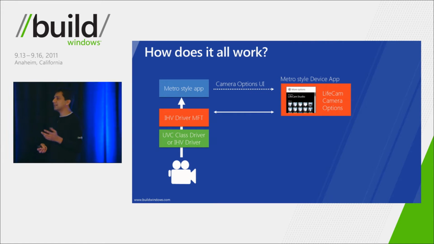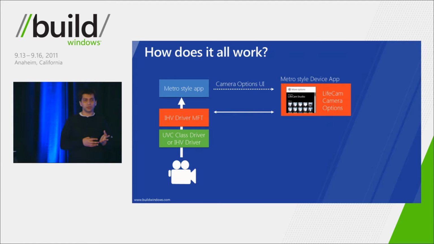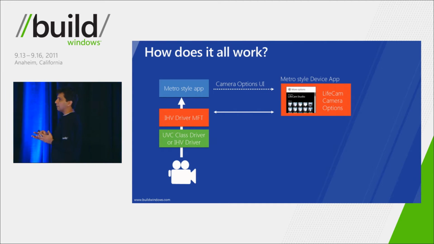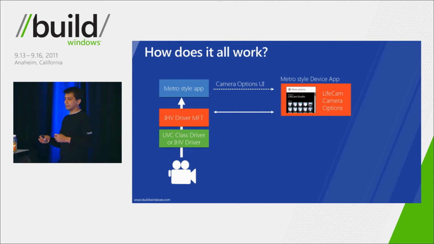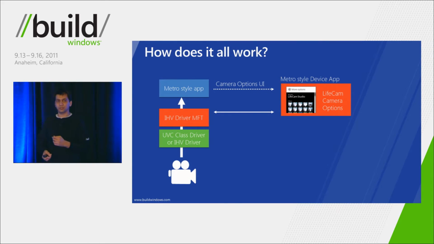But in some cases, it might provide things like additional formats that you might want to support that the camera doesn't support directly, but you're supporting them in software, and things of that order. But in the context of this talk, this is essentially a pass-through filter as long as the camera options experience doesn't come up. Once it comes up and the user presses a button or something like that, that's where it kicks in and starts affecting the bit stream.